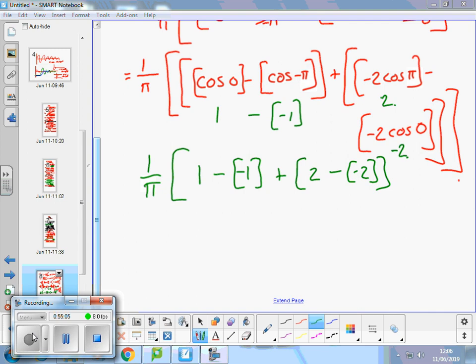What are they equal? 1 minus minus 1 is 2. Yep. 2 minus minus 2 is 4.